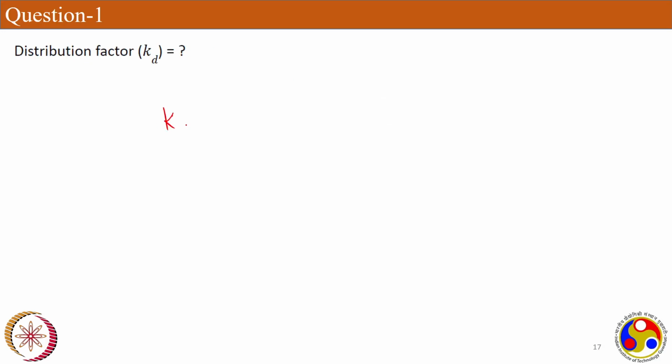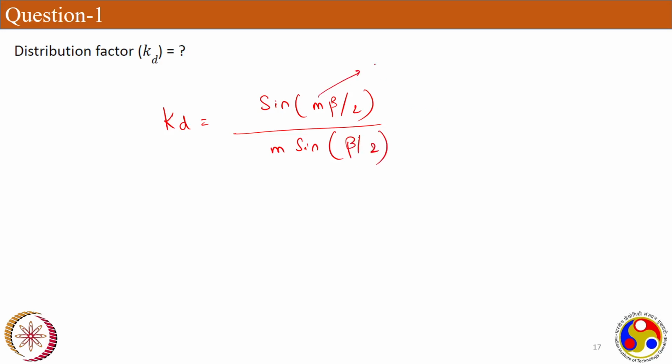Now everyone please calculate the distribution factor with me. What is the formula for distribution factor? Sine M beta by 2 divided by M sine beta by 2. M we got 3 and beta is 20 degrees.